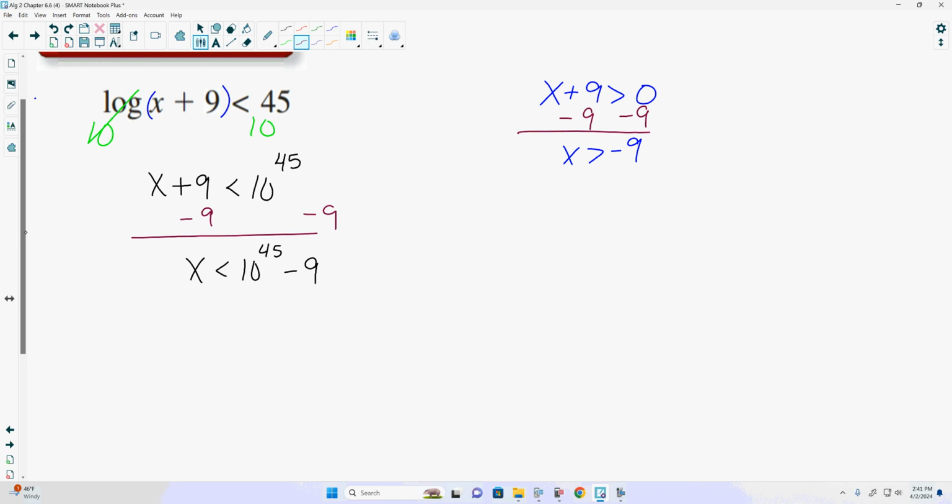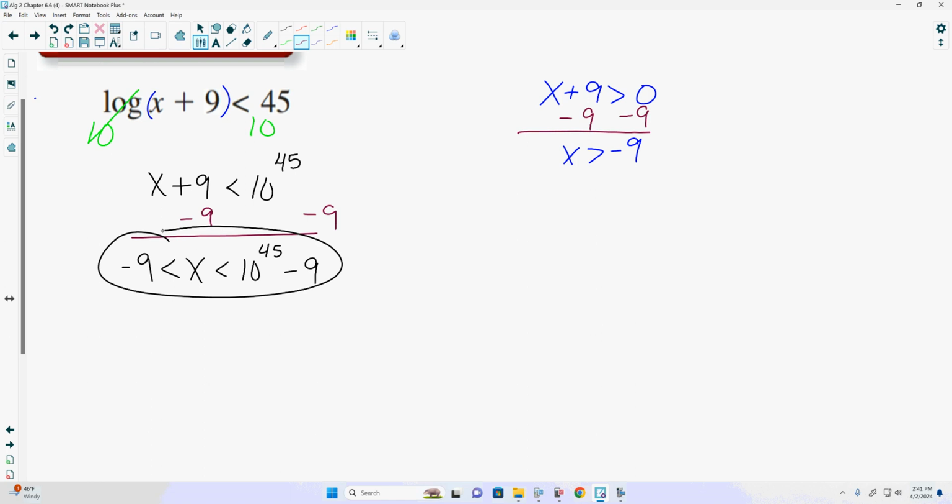Now, the question is, do we need our restriction of x being greater than negative 9? Is negative 9 less than our 10 to the 45th minus 9? Yes. And since it is, it means we have to add that piece back in.